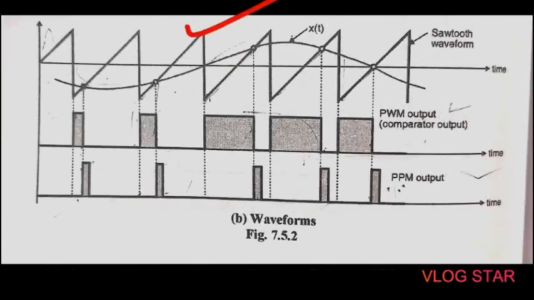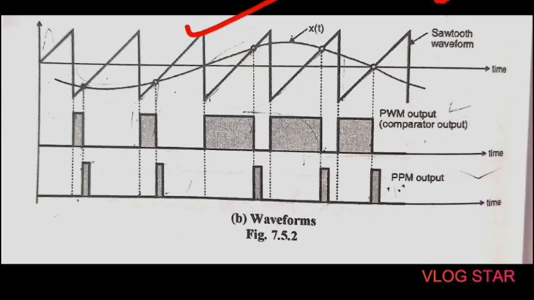Which can be shown in this figure. So note that the leading edges of the PWM waveform coincide with the falling edges of the ramp signal. So here we can see this is the sawtooth waveform, and here the PWM waveform coincides with the falling edges of this ramp signal.